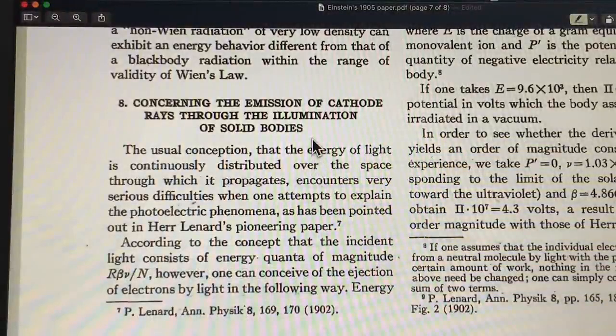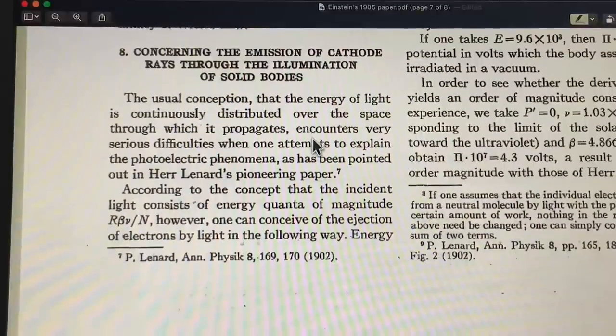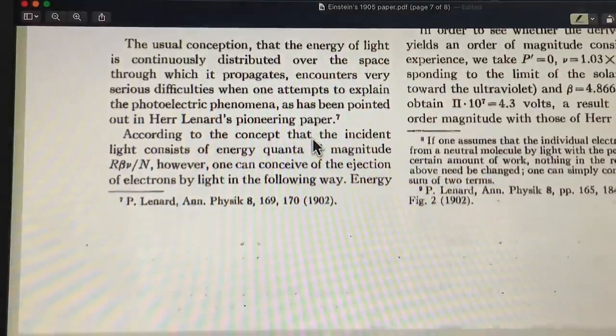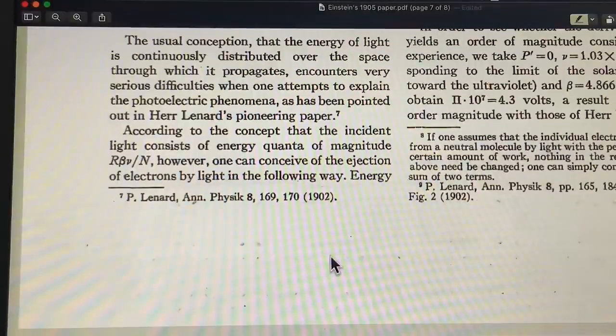And then comes section 8, which says: concerning the emission of cathode rays through the illumination of solid bodies. Now comes the photoelectric effect. Here he mentions that the usual conception, that the energy of light is continuously distributed over the space through which it propagates, encounters very serious difficulties when one attempts to explain the photoelectric phenomena, as has been pointed out in Herr Lenard's pioneering paper.